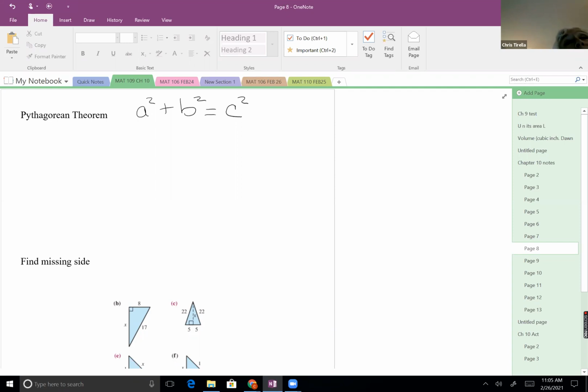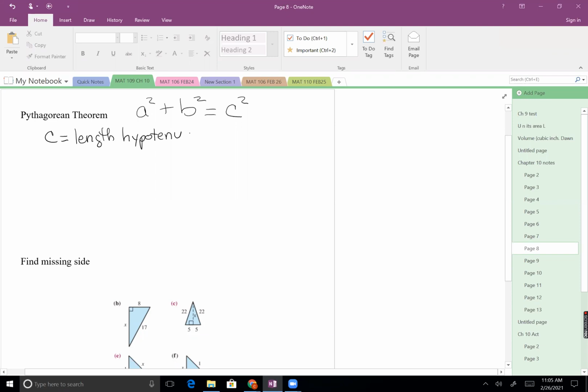So a squared plus b squared equals c squared. I'm guessing that most of you have heard of that. What's c? Hypotenuse. The length of the hypotenuse. And if we're talking about hypotenuse, what type of triangle do I have to have in order to use the Pythagorean theorem?